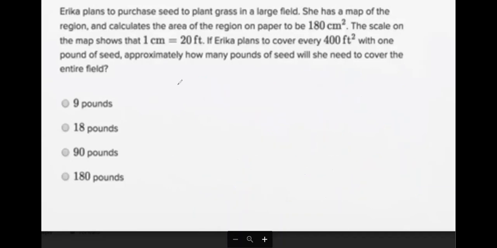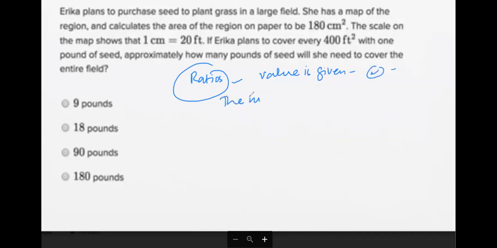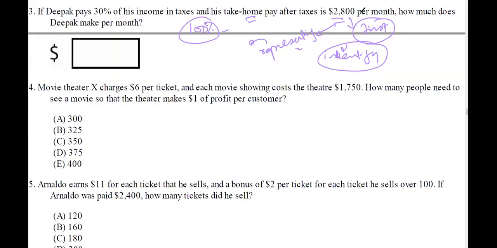The next thing in ratios is if the value is given. How about we start off with a question? That would be much clearer.